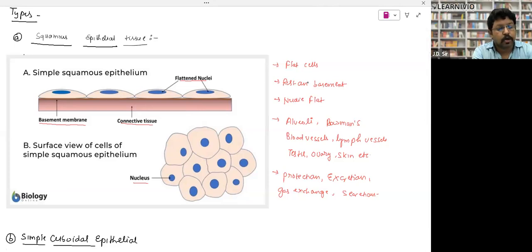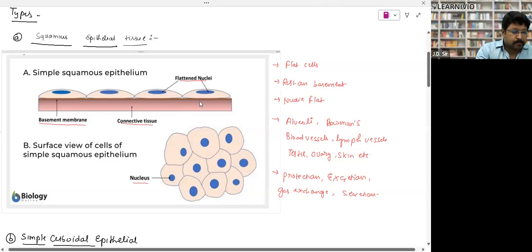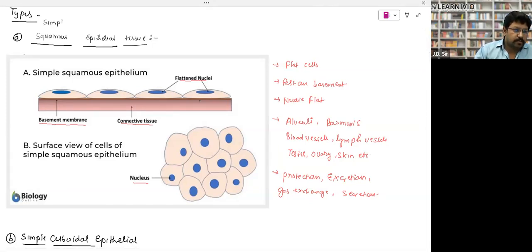Yes, sir. So please note down the squamous. You have to make the diagram here. In animal tissue, you have to make the diagram. Quick. Simple squamous tissue.